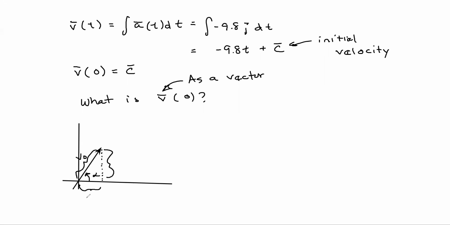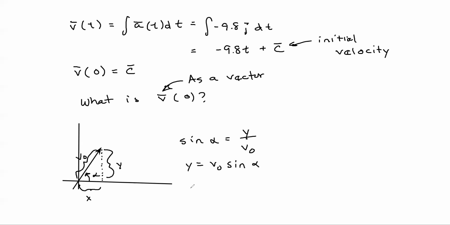Let's call this x and this y. Then sine of alpha equals opposite over hypotenuse, so we get y over v naught, and y equals v naught sine alpha.